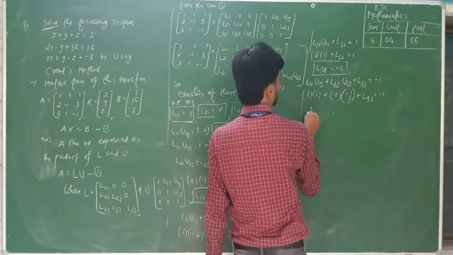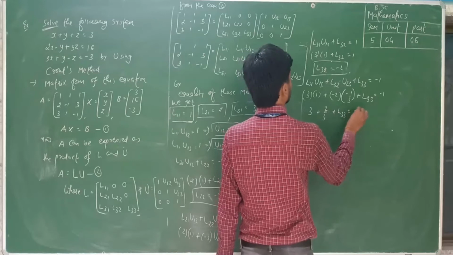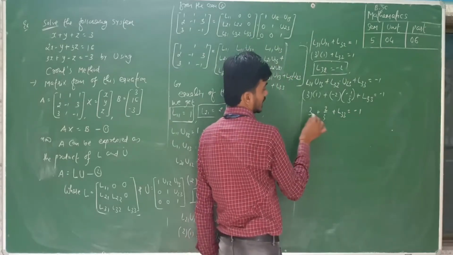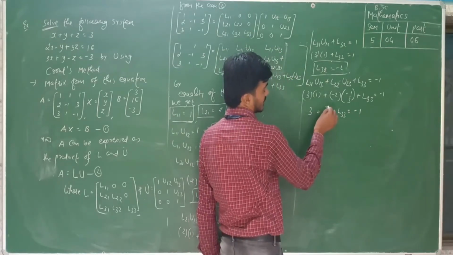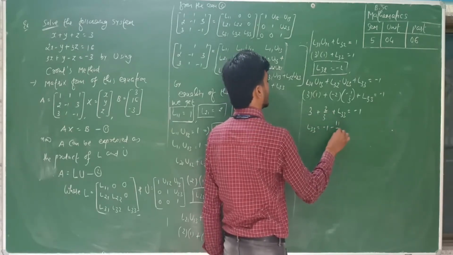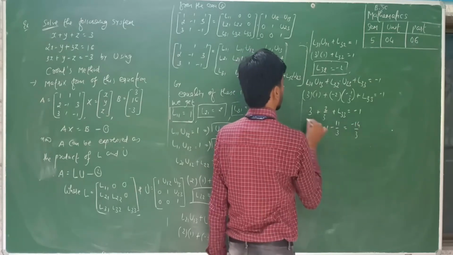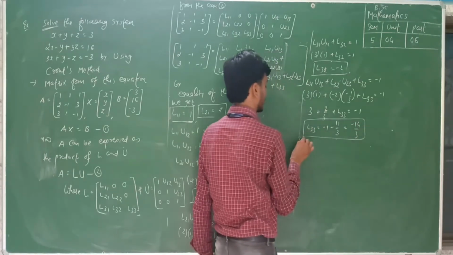So 3 plus 2 by 3 plus L33 is equal to minus 1. 9 plus 2, 11 by 3. So L33 is equal to minus 1 minus 11 by 3, so minus 3 minus 11, that is minus 14 by 3.